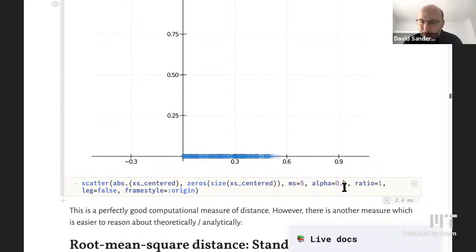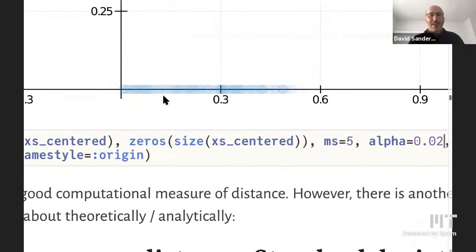Let me even use a smaller value of alpha so we can see it a bit more clearly. I don't know if you can see that, there's a cloud of blue points, and again some of them are darker. Now we want to find the average of those distances. It gave me 0.25, which is somewhere like here, and that indeed is sort of halfway along this data set.